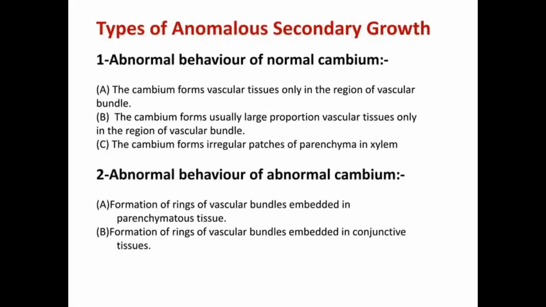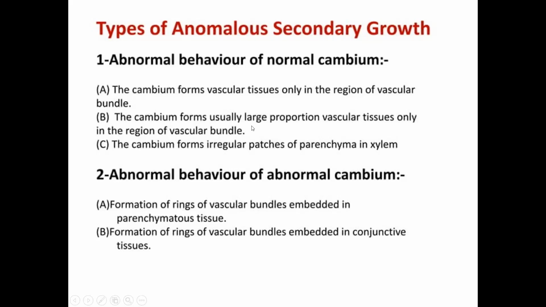Here again, types of abnormality: this abnormal activity occurs due to different reasons. The first one is the abnormal behavior of the normal cambium. Here the normal cambium is present, but it shows abnormal activity, forming vascular tissues only in the region of vascular bundles.